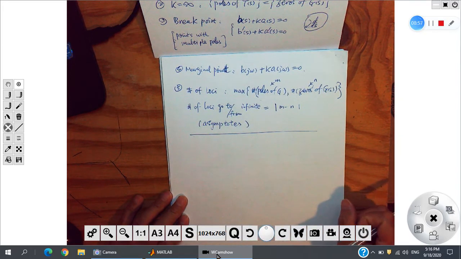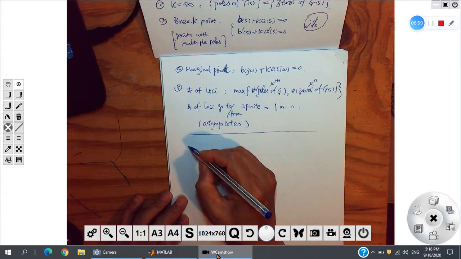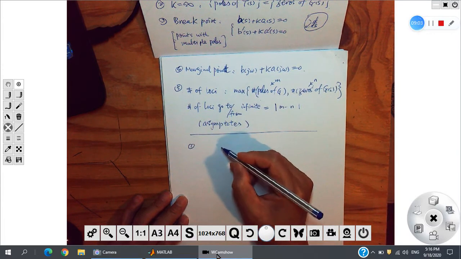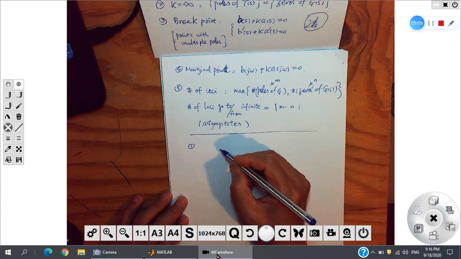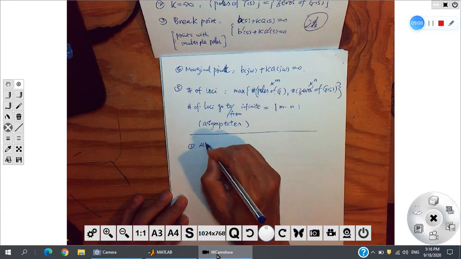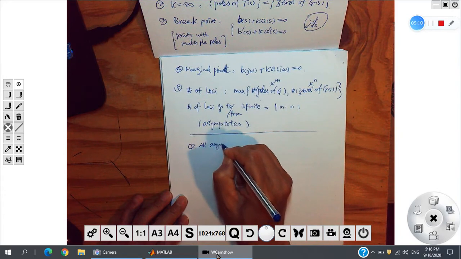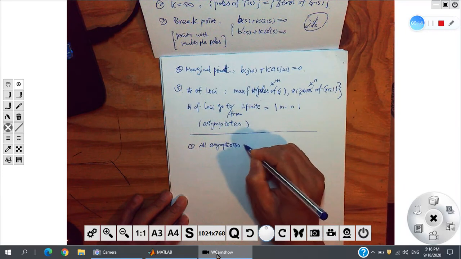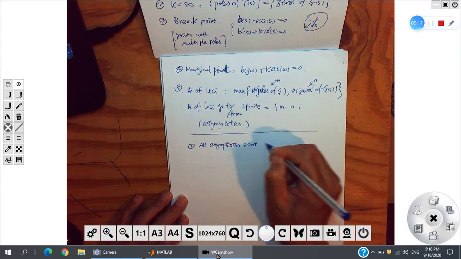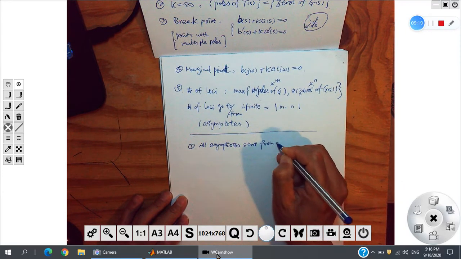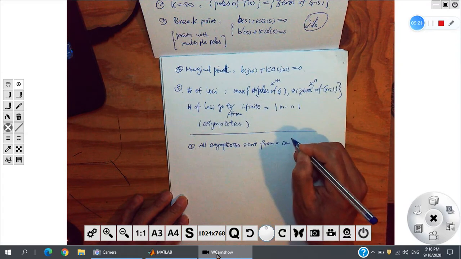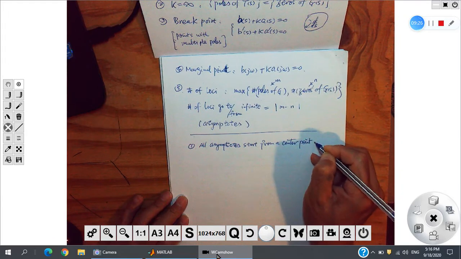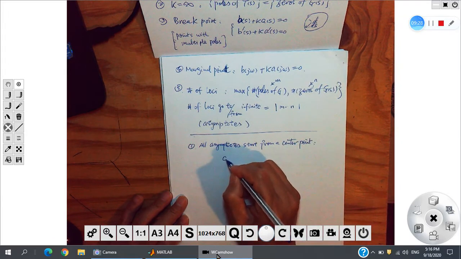First one: the asymptotes start from the center point. I just write center.